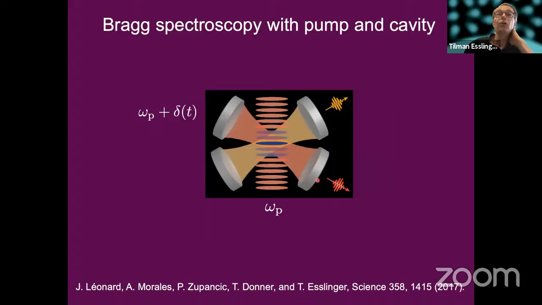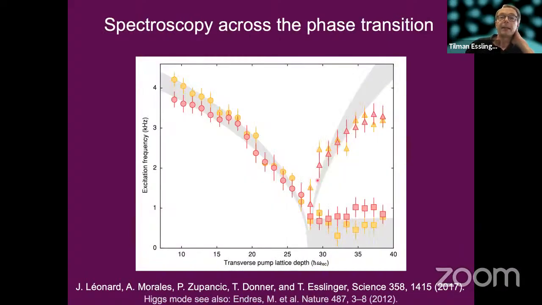And now we can do the Bragg spectroscopy again, as we did with one cavity. Now we can do that for the two cavities. We can excite in both cavities, and then we can look at the energy spectrum. And that is what we see. What we see now is, again, the modes, so in the two cavities, the modes come down in energy.